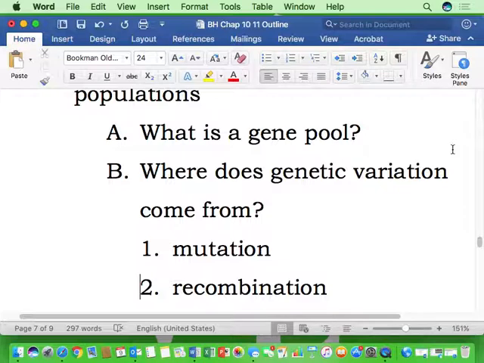And recombination. So this goes back to meiosis, producing those unique gametes that must come together in sexual reproduction. So we're recombining the genes, putting new alleles together.